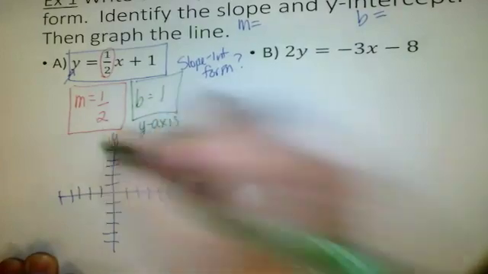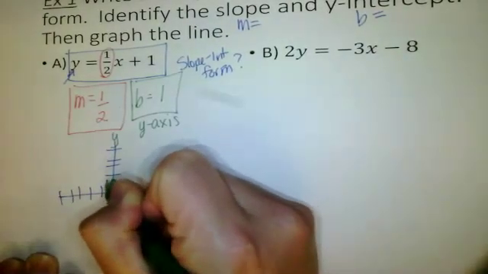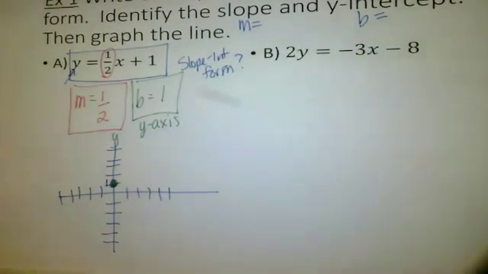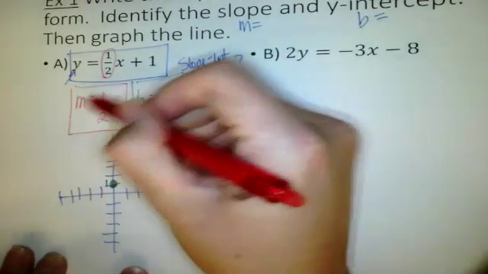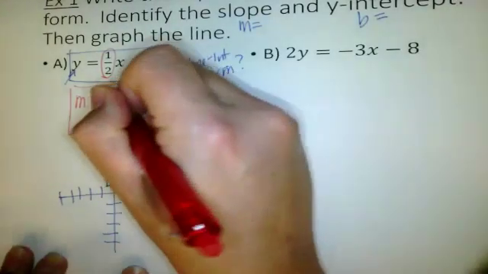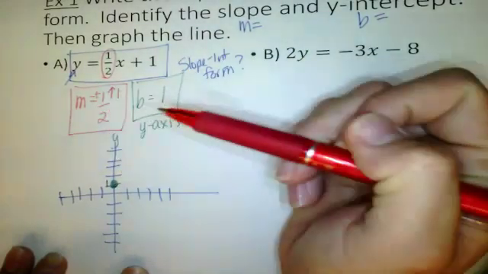So I'm going to go to the y-axis, and I'm going to put a big giant go sign, my big green dot. B for begin here at 1 on the y-axis, and then I'm going to count the slope. What does a slope of 1/2 tell me to do? It says go up 1 because it's a positive 1.